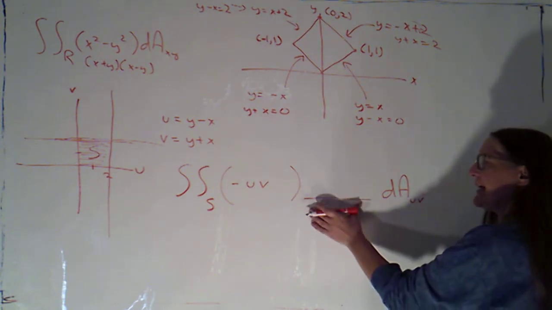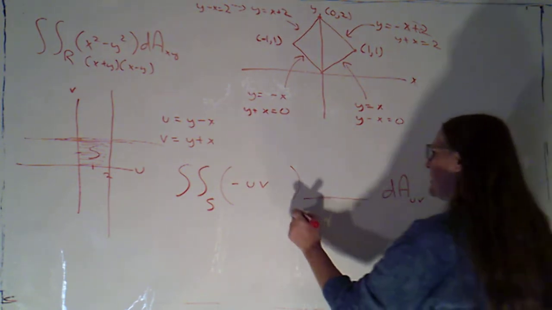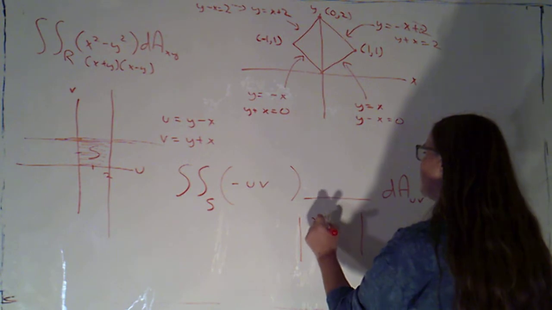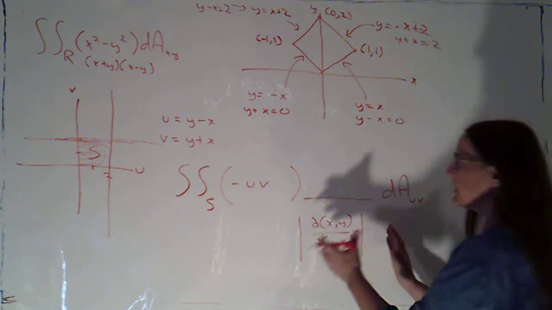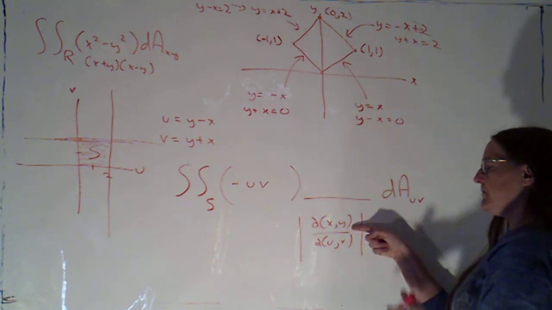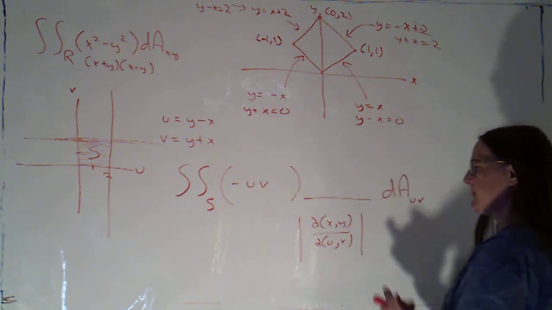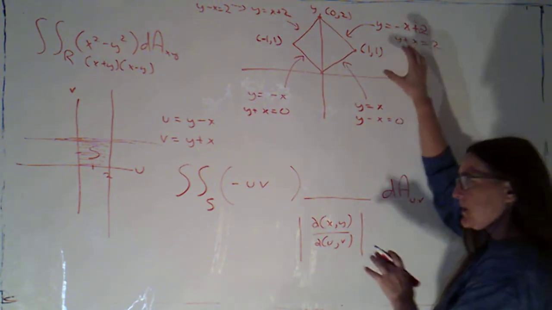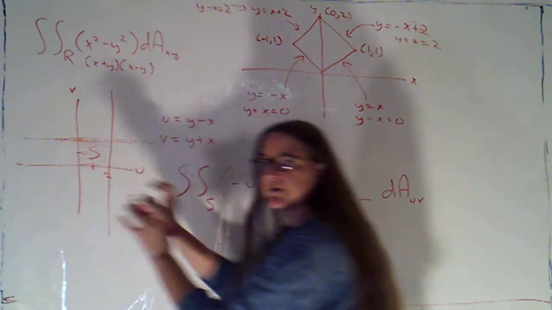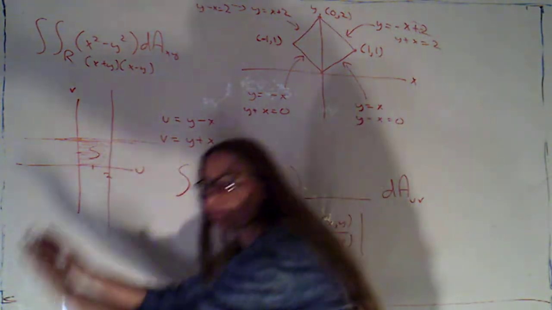Now, here I need to put the absolute value of the Jacobian. And the Jacobian is the partial of x and y with respect to u and v. Remember, even though I was given the problem here and I'm trying to go back to integrate in terms of S, I'm thinking of that as going backwards.